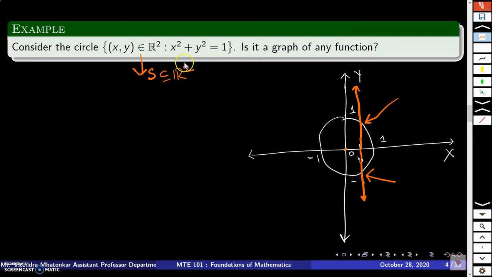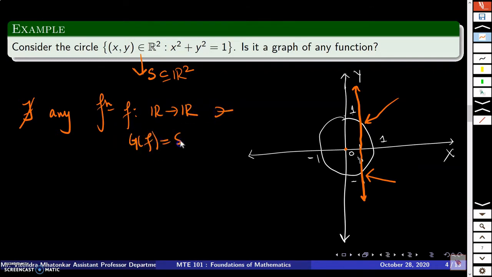So there does not exist any function f from R to R such that the graph of f is equal to S. This is not possible. So there are subsets of R2 which are not represented as the graph of any function. But I can modify this set and still make it the graph of a function. So let's do that.